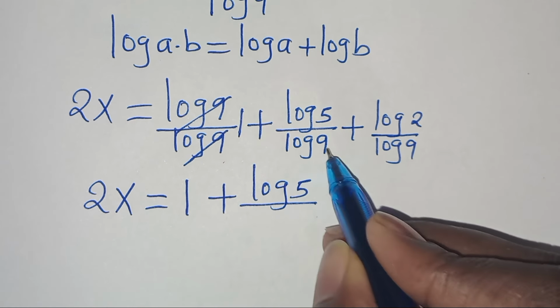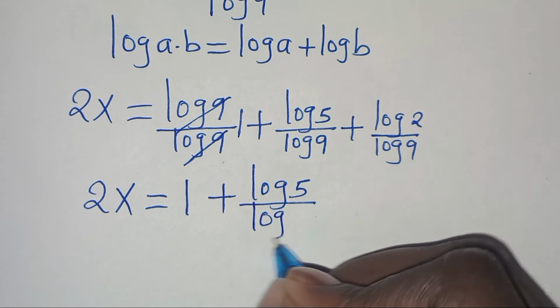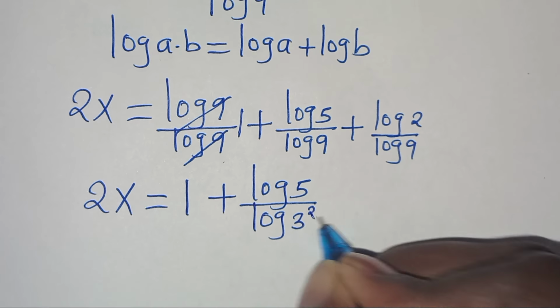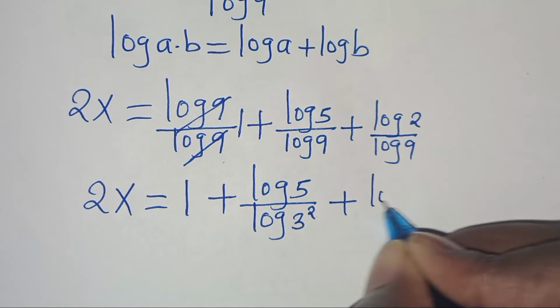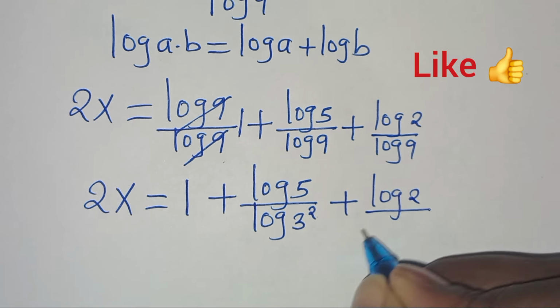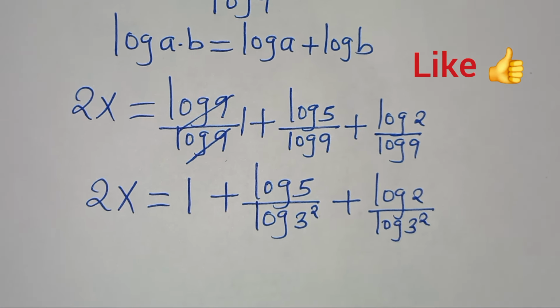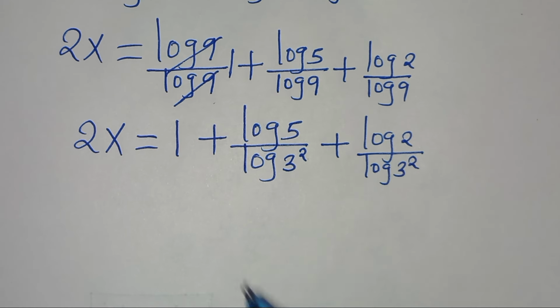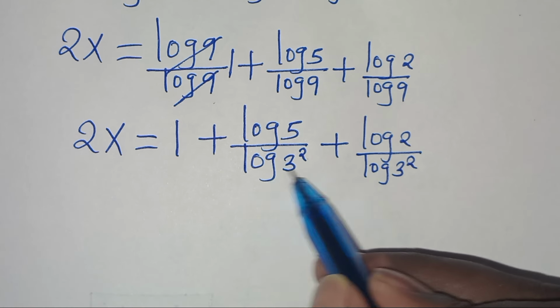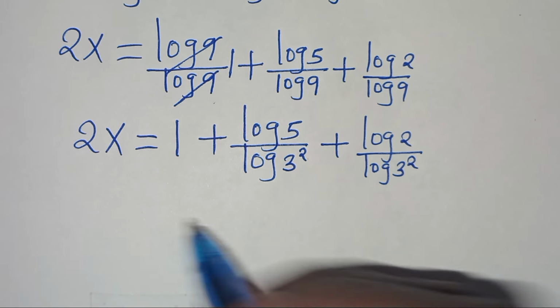divided by log 9. Remember, this is the same thing as log 3 to the power of 2, then plus log 2 divided by log 3 to the power of 2. The next step is that we can apply the power log property here, that is log 3 to the power of 2.